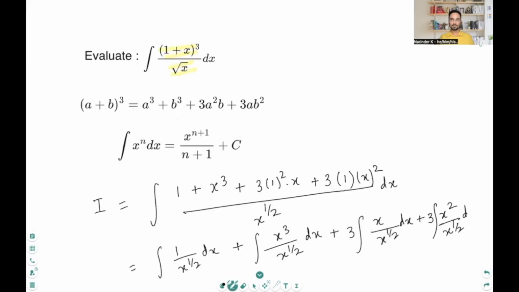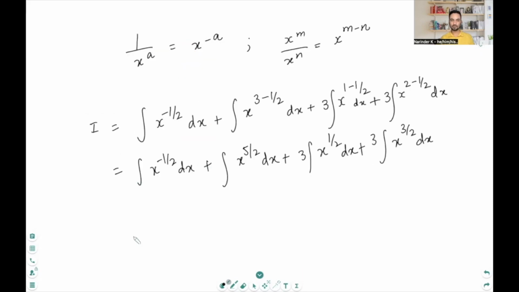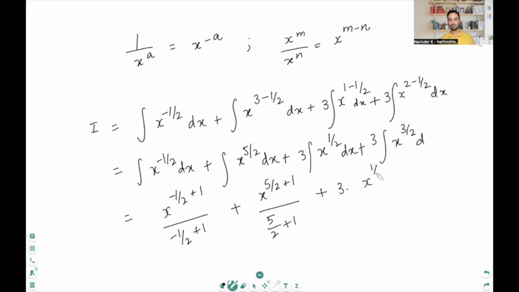Now, using the formula, integral of x to the power n dx is x to the power n plus 1 divided by n plus 1. If we use this formula in all these terms, we will get x to the power minus half plus 1 divided by minus half plus 1, plus x to the power 5 over 2 plus 1 divided by 5 over 2 plus 1, plus 3 times x to the power 1 over 2 plus 1 divided by 1 over 2 plus 1, plus 3 times x to the power 3 over 2 plus 1 divided by 3 over 2 plus 1, plus c.